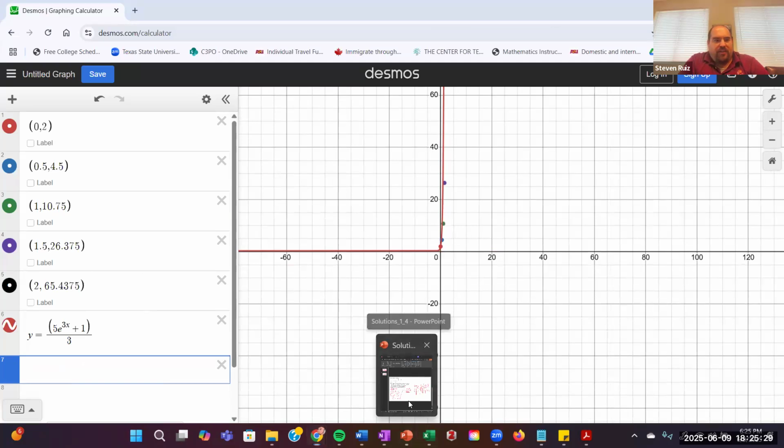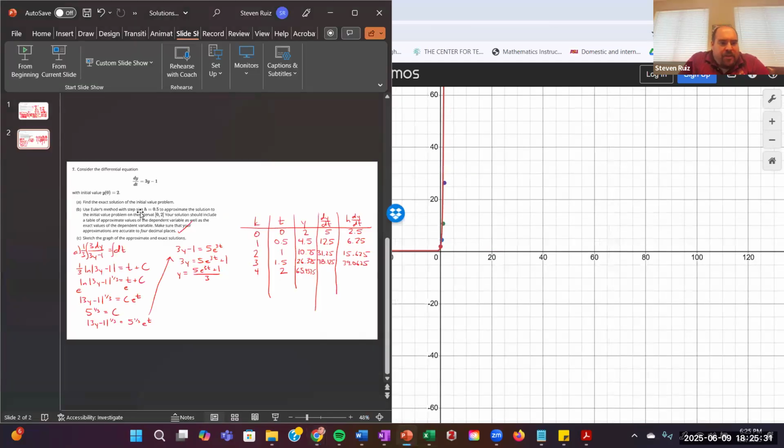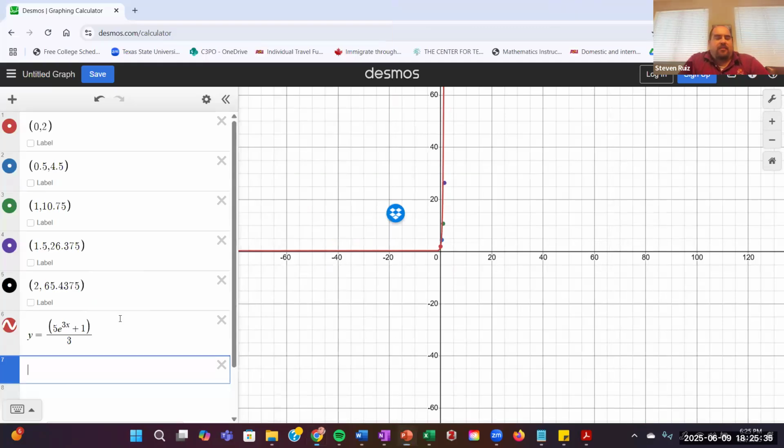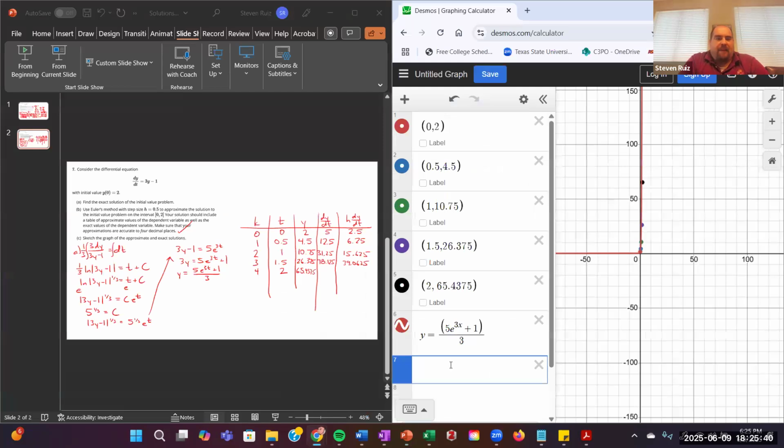Well, did the question ask me to do that? Sketch the graph of the approximate and exact solutions. Yeah, let's go ahead and do that. So before that, let me look at the slopes. Let me graph 4 different line segments here. I'll do them all in point-slope form.